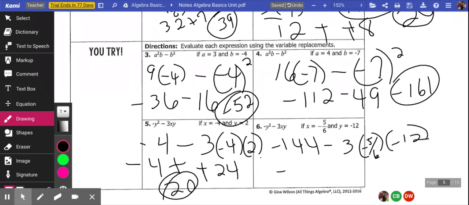So we have -144. I can do it a different way for you. Since that's a fraction, I'm going to put a 1 under here and a 1 under here. And I will look at this as a -3 now. So -3 times -12 is 36.